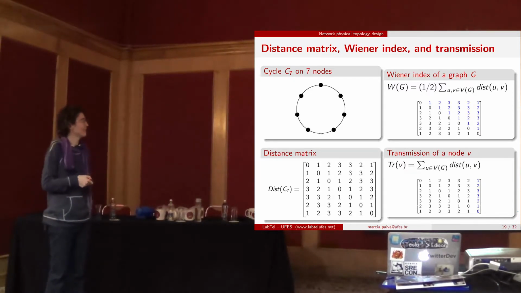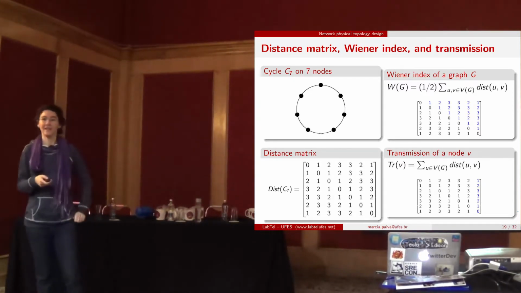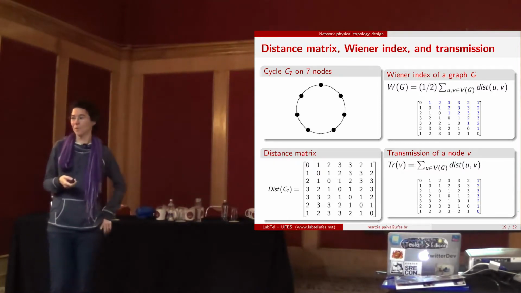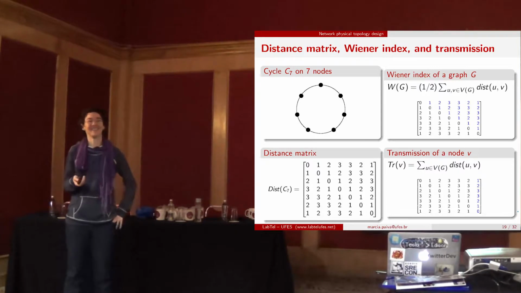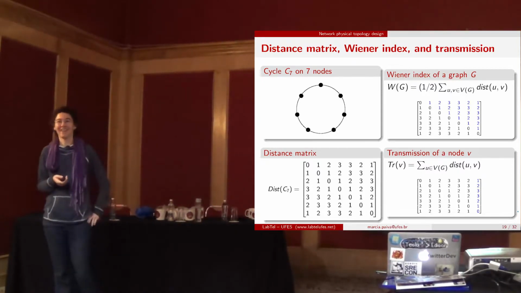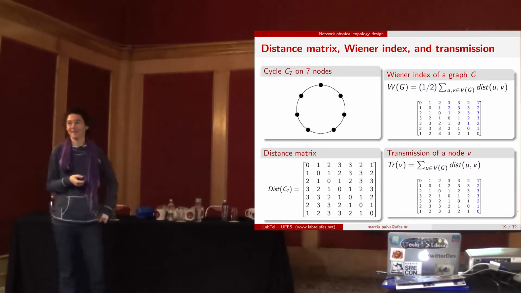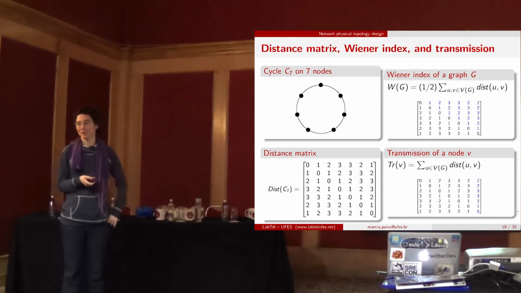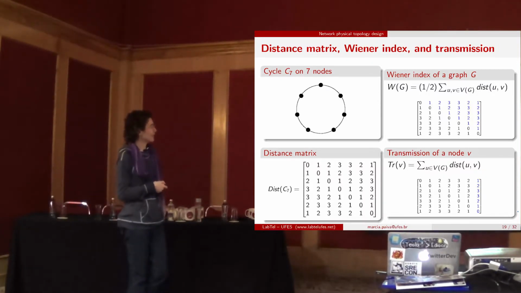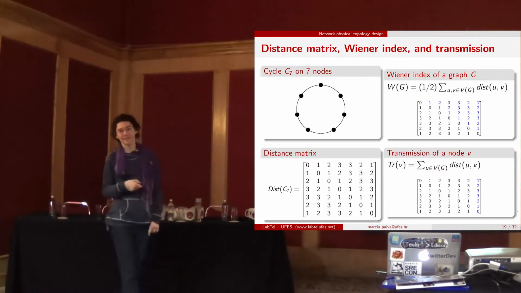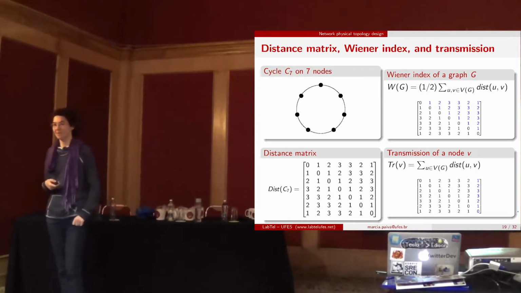So the first one is the Wiener index. The Wiener index was proposed by Wiener, of course, in 1947 in a paper of a chemistry journal. And Wiener counts the half sum of the distance matrix.